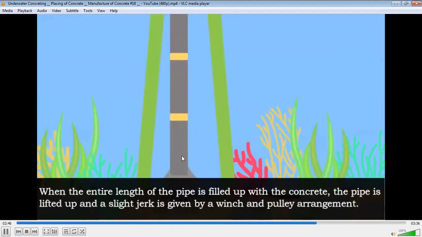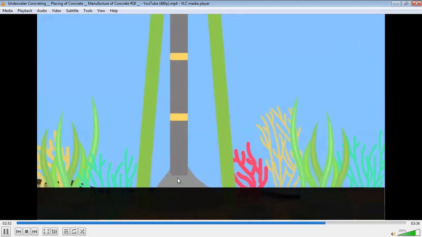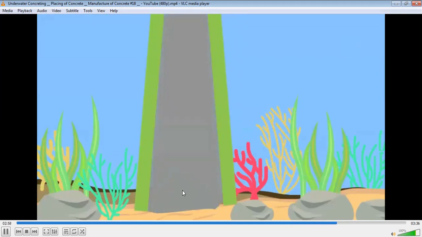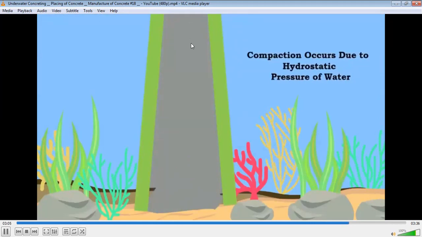The concrete is then placed. The process is repeated up to the water level. Compaction is not required because compaction occurs due to hydrostatic pressure.